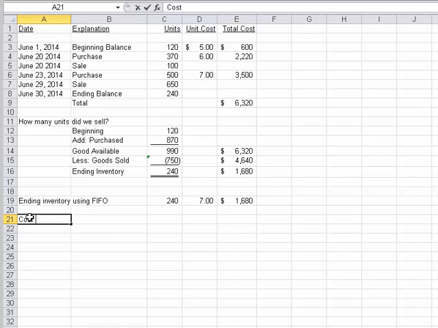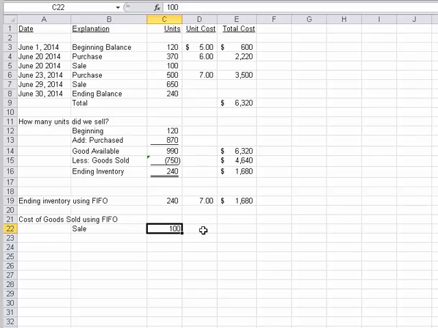Now you could also calculate that correctly. If you wanted to calculate cost of goods sold directly, if you will, from the schedule, we could do it this way. Our first sale was 100 units, right? So what was the cost of the 100 units? Well, the cost would have been from what we had on hand.